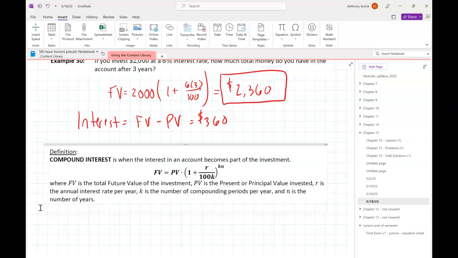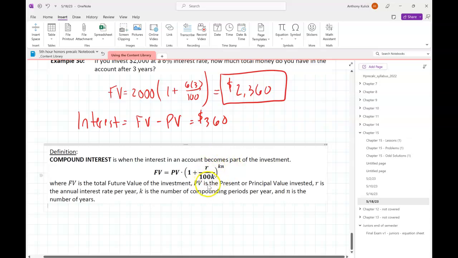Okay? So the equation for compound interest is FV equals PV times (1 plus R over 100K) to the KN. So FV is still future value, PV still present value, R still interest rate written as a percentage, and N still the length of time, probably years.